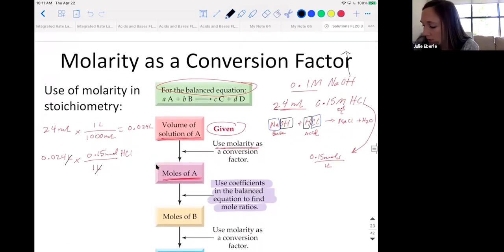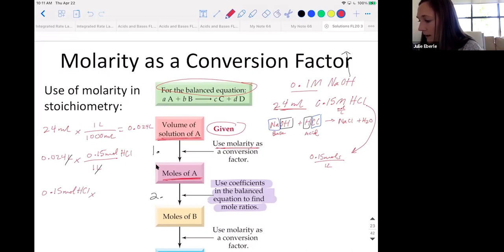Okay, so that was technically what we consider step 1. Now we're going to do step 2, but we have a step before step 1, which is write the balanced reaction and convert milliliters to liters. So step 2 is we're going to say, okay, we got 0.15 moles of HCl.